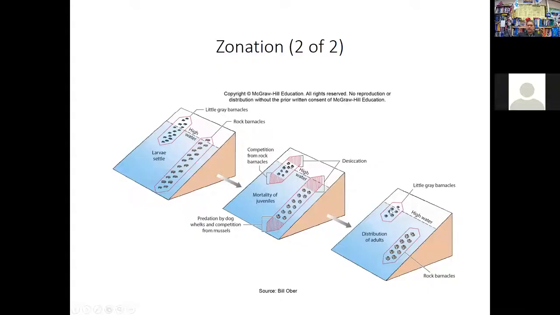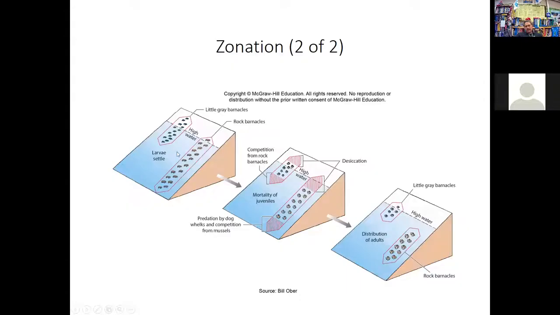These guys are better at dealing with desiccation due to the retreat of the water during the daily tidal patterns. So this is again called a realized niche, and over here this is the theoretical niche.